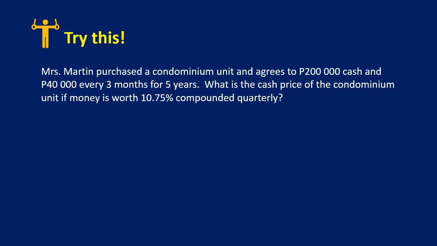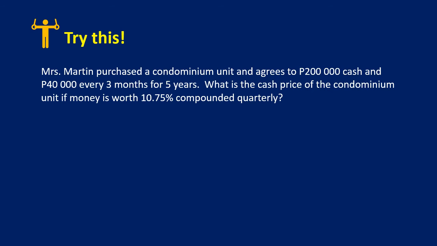All right, so as you can see, this is the interest rate, right? Compounded quarterly, and her payments are also quarterly. All right, so remember that in our formula, the compounding period should be the same as the period for your payments.